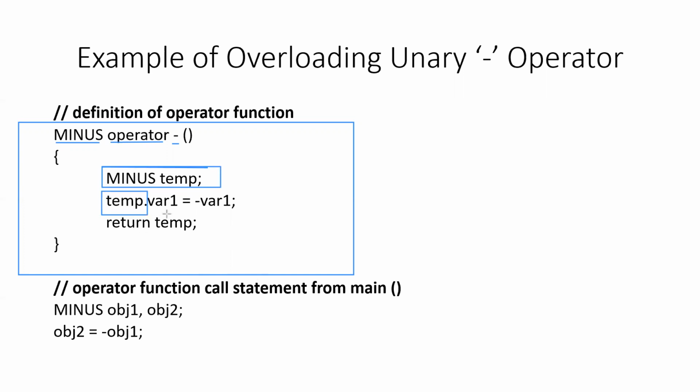The value of the data member variable 1, which belongs to the temp object, is equal to minus variable 1. That means the negative of the variable 1 data member of the object that called the operator function. And once we have stored this value in variable 1, we can return it.